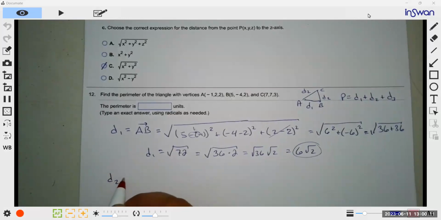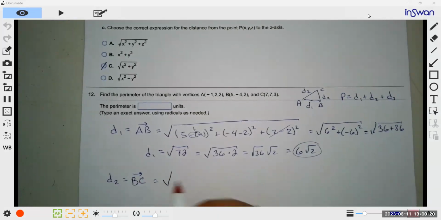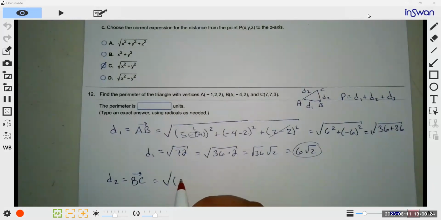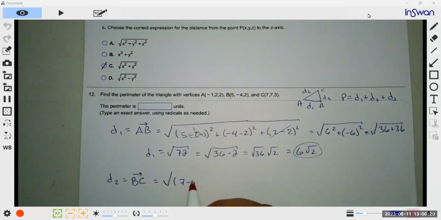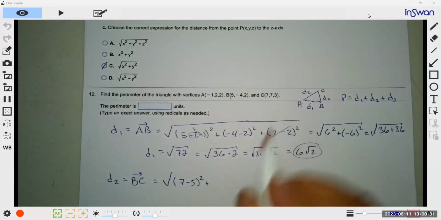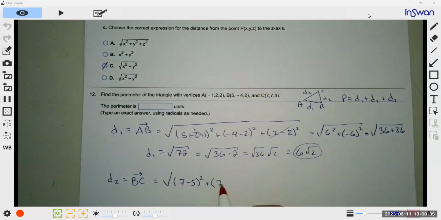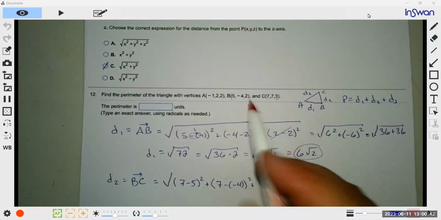Distance 2 is from B to C. So we have here 7 minus 5. The y's are 7 minus -4. And then the z's, 3 minus 2.